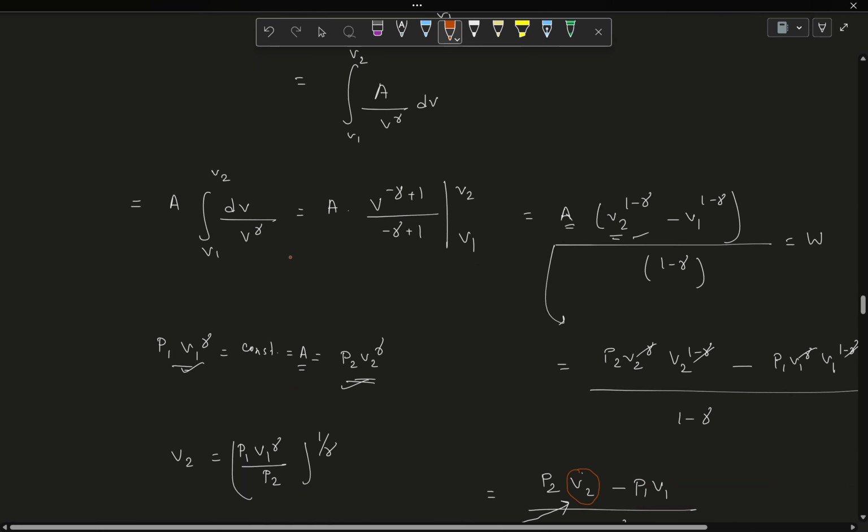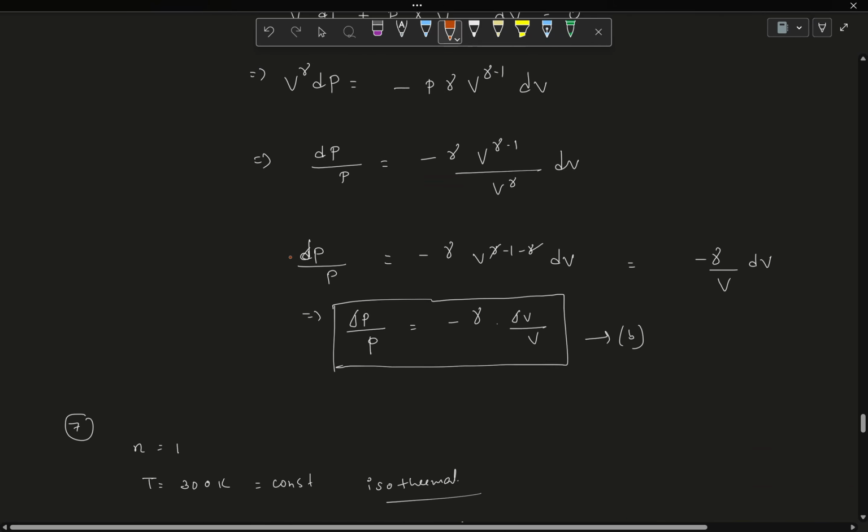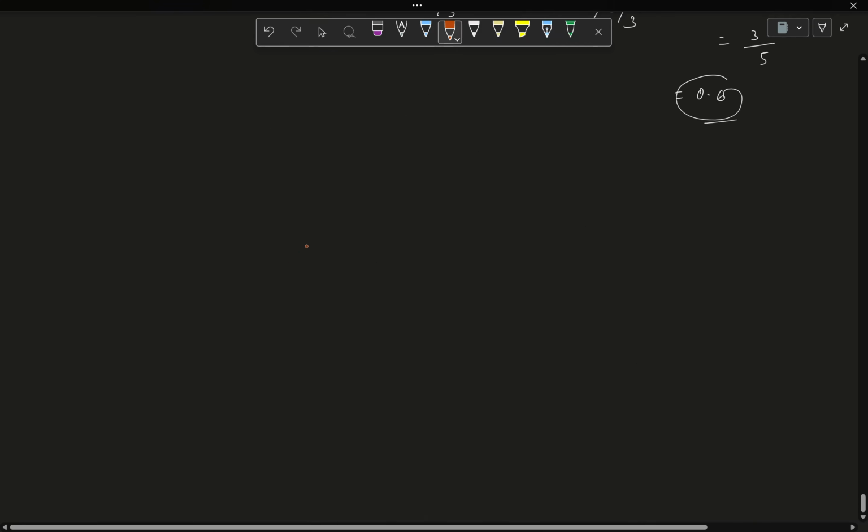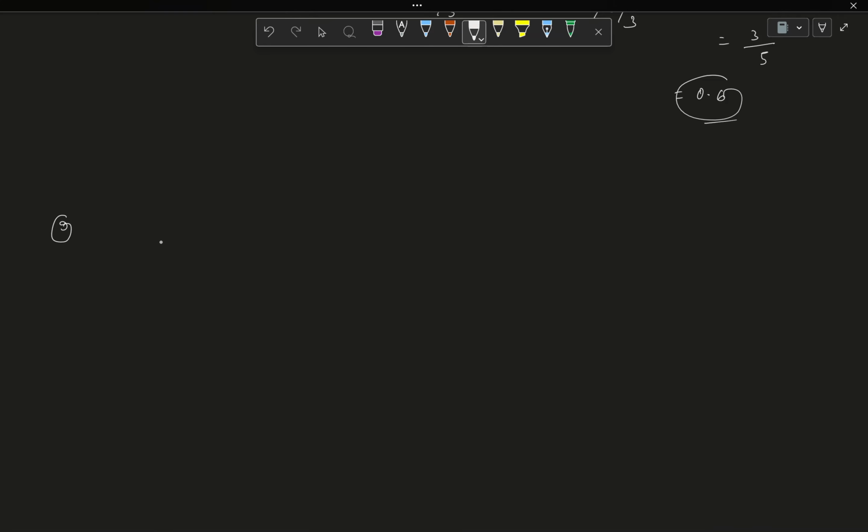You will see that this is very similar to how you calculate the adiabatic work done, just instead of gamma you have n as the exponent, right? Otherwise things will be similar. So first of all, number of moles n equal to 1, T1 is equal to 20 degrees centigrade, T2 equal to final temperature 100 degrees centigrade, and pressure is constant or fixed, it does not change. Polytropic process.